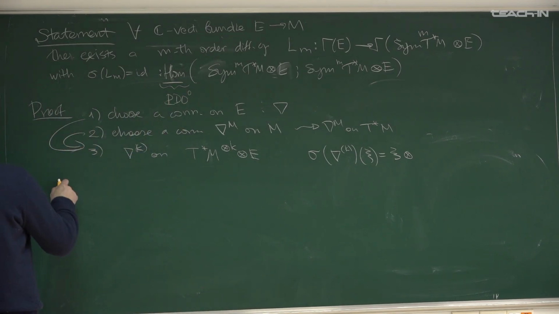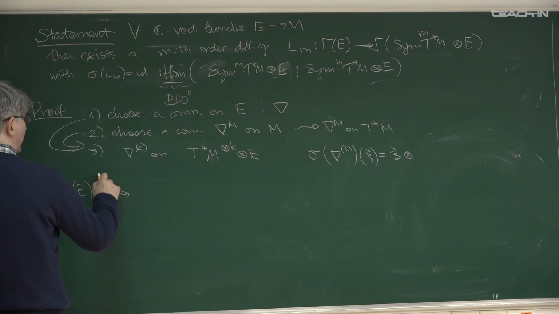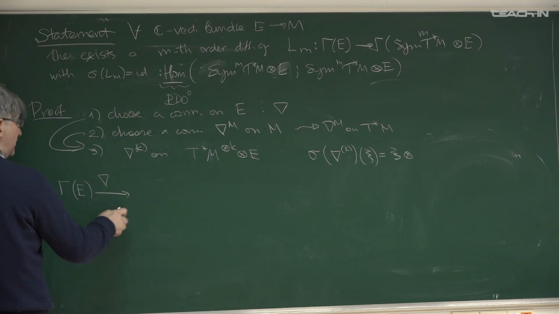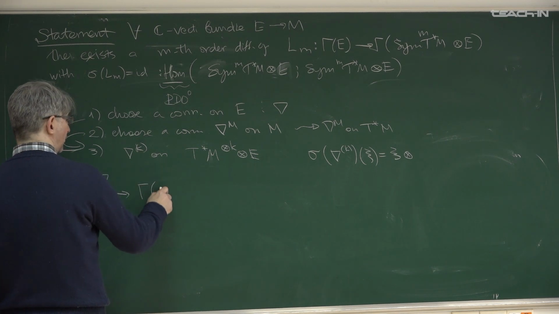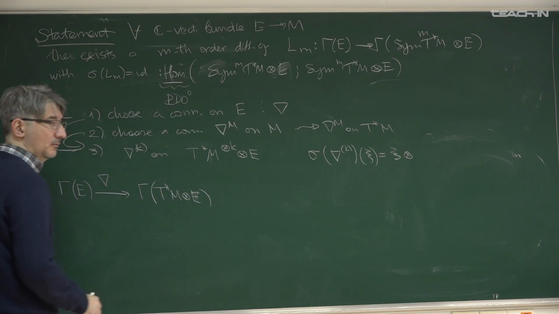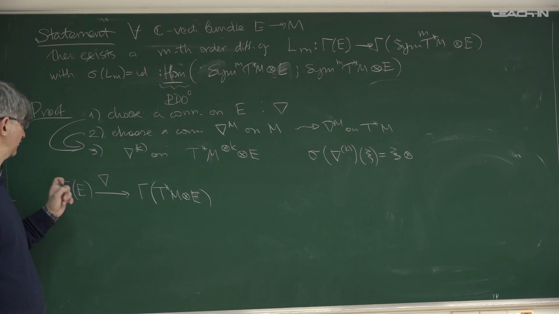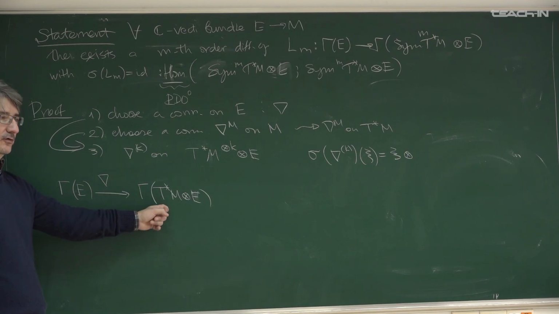So what happens then? We take nabla. Nabla sends sections of E to sections of this vector bundle. Then we take one connection that sends sections of this guy to sections of this guy. Okay?